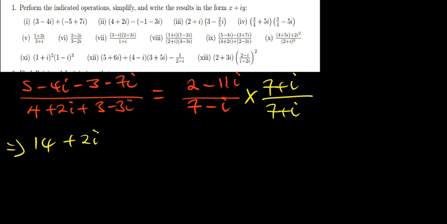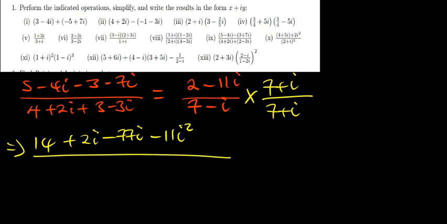Negative 11i times 7 is negative 77i. Negative 11i times i is negative 11i squared. The down part, if you're multiplying this by its conjugate, you square the one having negative. So in this case, I'll square that.